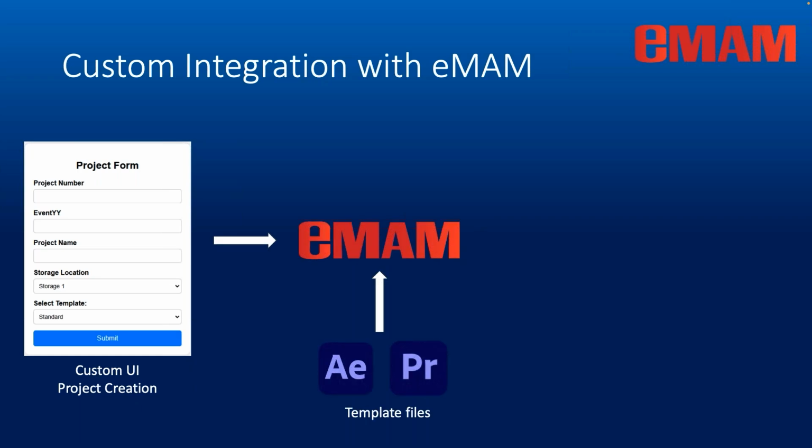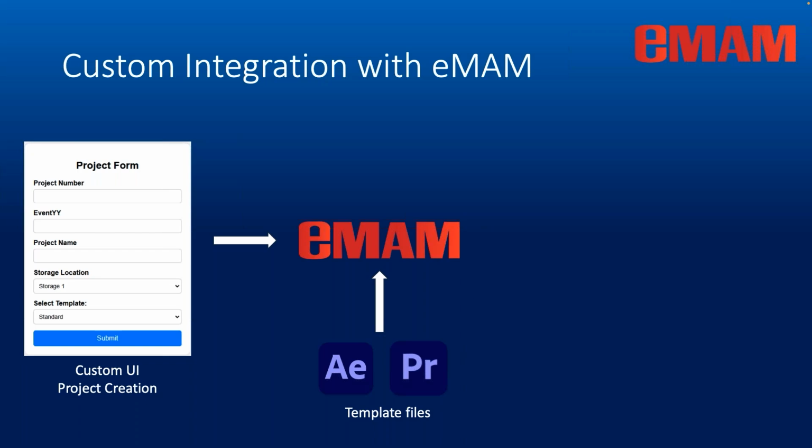And what's unique about the new eMAM 5.5 is that with embedded links to an After Effects project inside of a Premiere project, that also is now linked within the eMAM system. And so we upload not only the After Effects graphics that were created, but the Premiere project with it. So it's quite unique as well. But based on these templates, this project form has a script running in the background.